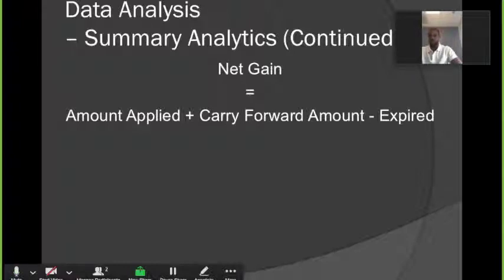To calculate the net gain, I added the amount applied, which is the amount of tax credits the applicant uses within a current year, with the carry forward amount, the amount of tax credits that the applicant decides to use in a future tax season, minus the expired tax credits, which are tax credits that they no longer can use. And this is just used to get a better understanding of the overall claim.